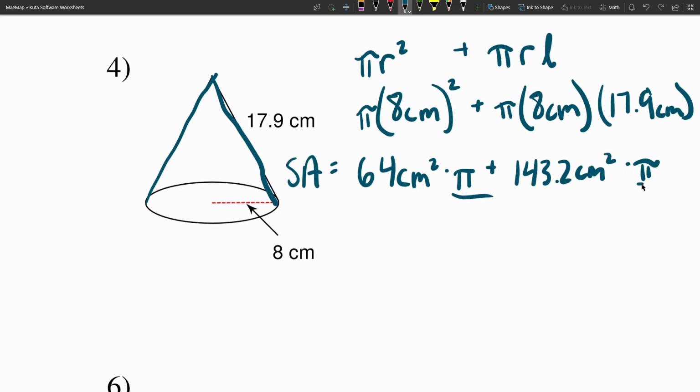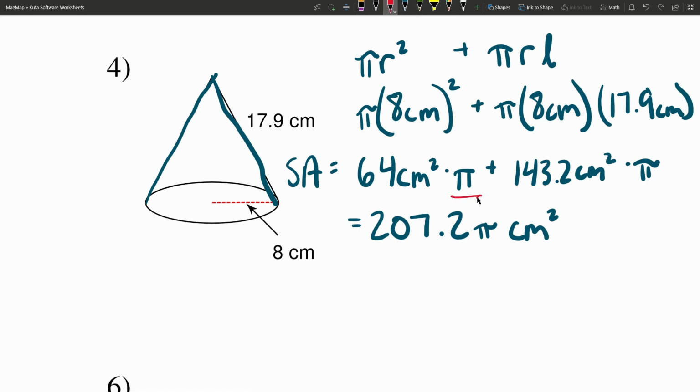Now I can multiply this pi throughout to each of them, but because it's a part of both of them, same with our label, I'll just add the numbers together. So 64 plus 143.2 is going to be 207.2. We are still multiplying that by pi, and it has our label of centimeters squared.